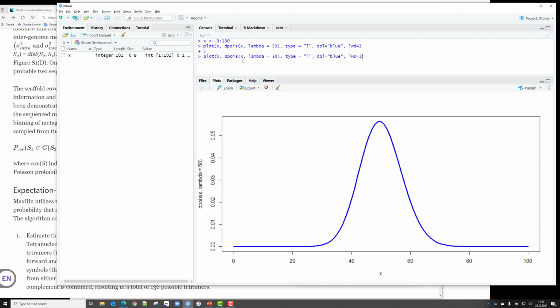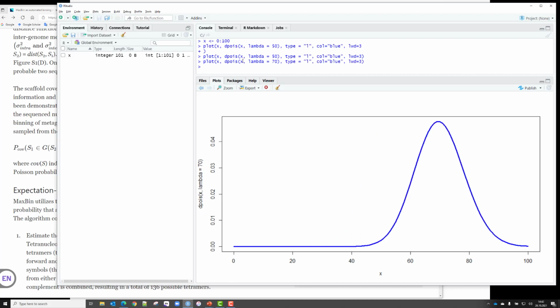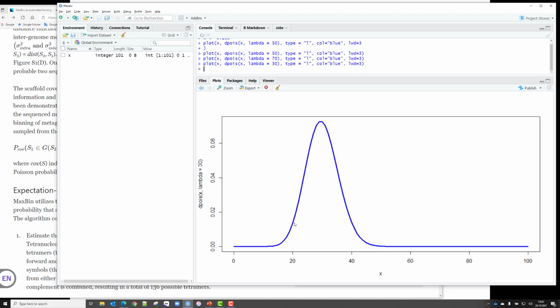So if I change the lambda value, the expected value, for instance, to 70, it moves to 70, right? Or if the coverage drops to 30, it moves down here, and you can see the variance shrinks as well. This is typical of the Poisson.